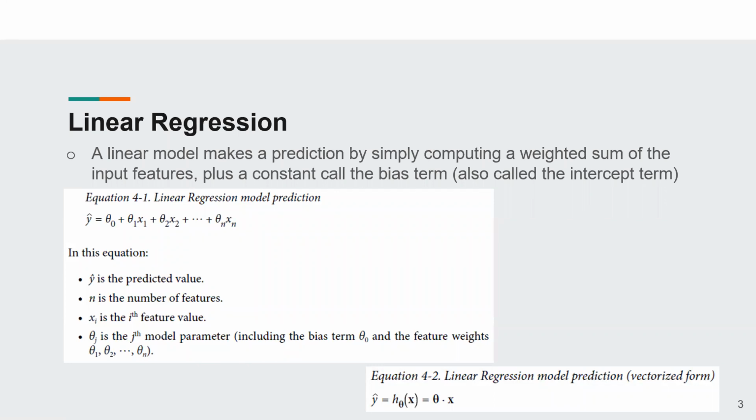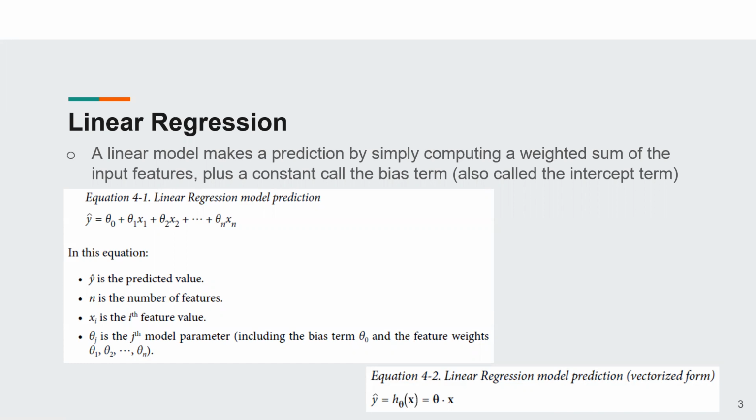Let's do a quick review of what linear regression is. Linear regression is a linear model that makes a prediction by simply computing a weighted sum of the input features plus a constant called the bias term, also called the intercept term. So it's as simple as y hat equal to theta 0 plus theta 1 x1 plus theta 2 x2, all the way to theta n xn.